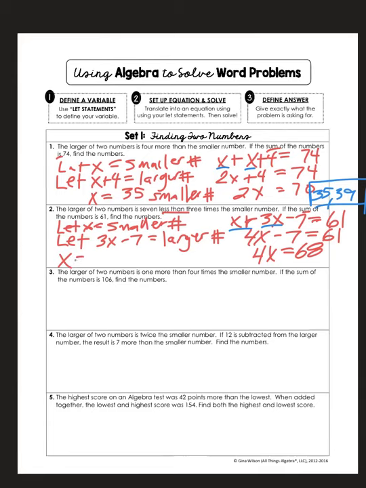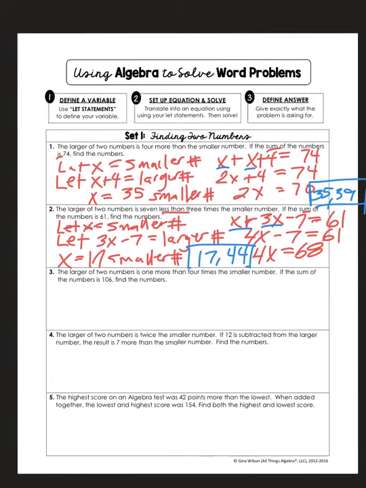So x equals 17, and that is the smaller number. And then the answers together, 17 times 3 is 51, minus 7 is 44. So 17 and 44. All right, number 3.